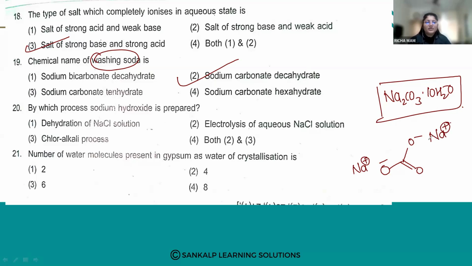Next one. By which process is sodium hydroxide prepared? First one, dehydration of NaCl solution. Second one, electrolysis of aqueous NaCl solution. Third one, chlor-alkali process. Fourth one, both 2 and 3.